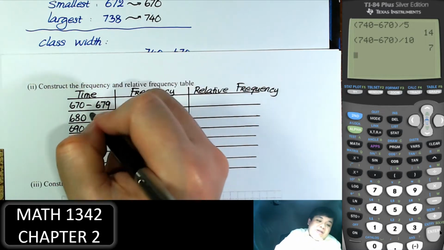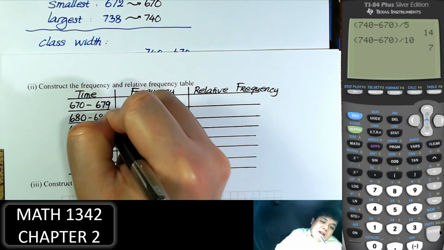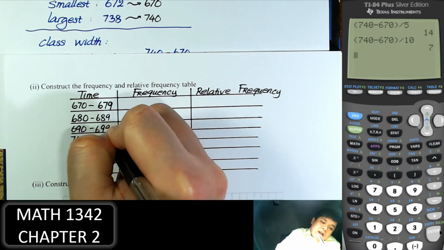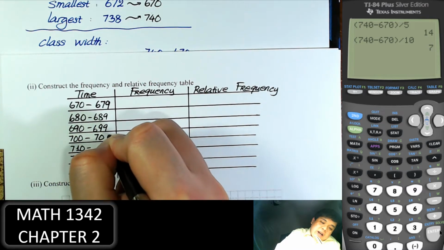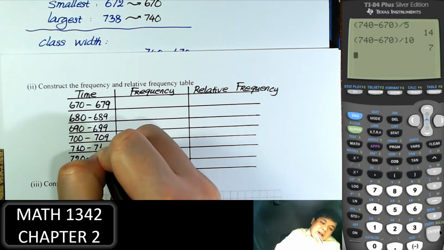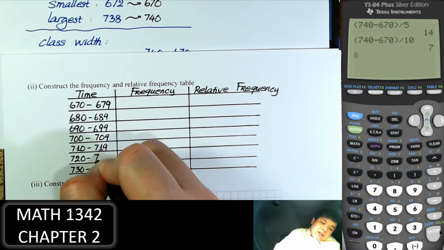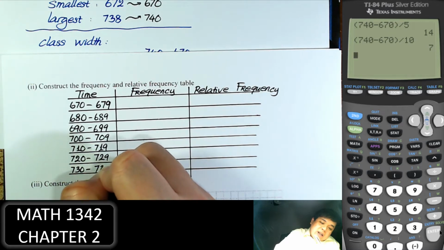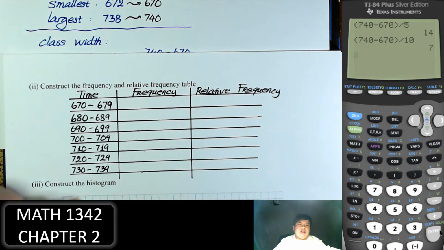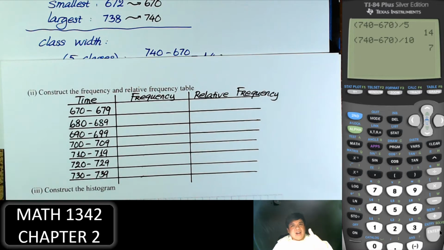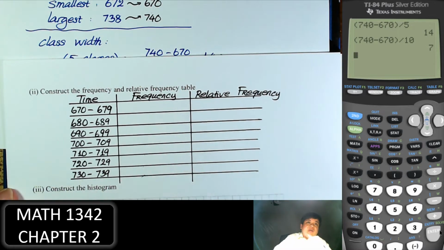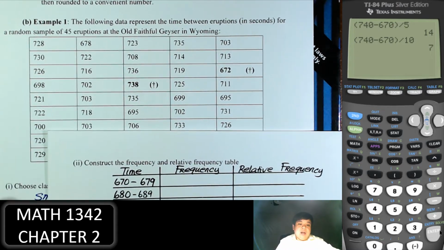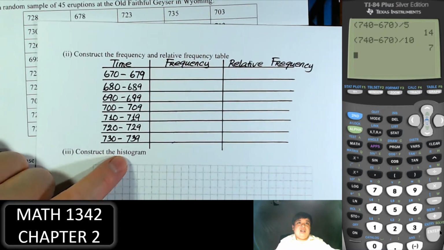Just say 679, 689, 699, 709, 719, 729, 739. It's not exactly 739, it could be 739.99999. The next one will be 740. By the way, the highest is up to 738, so up to 739 will be enough.